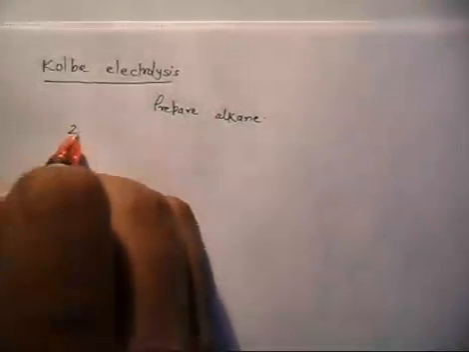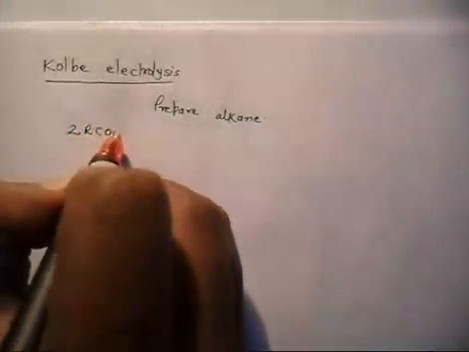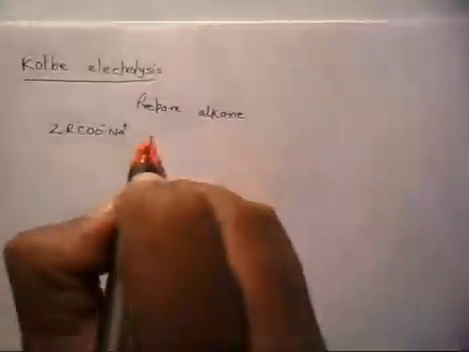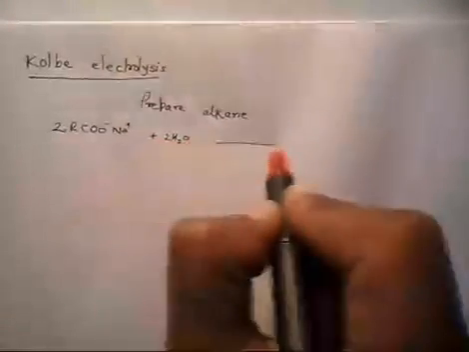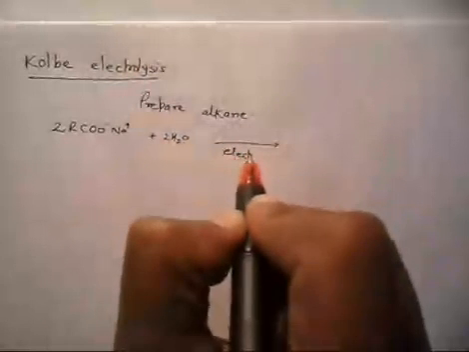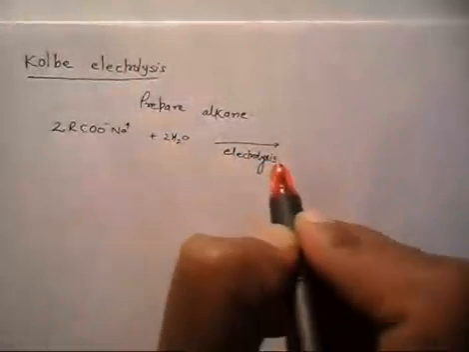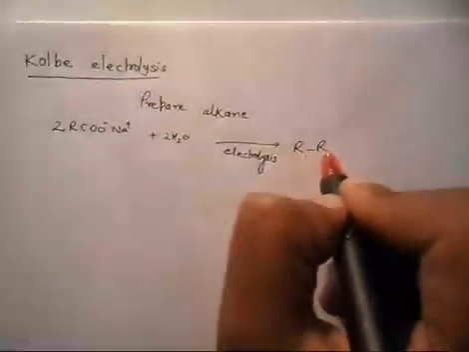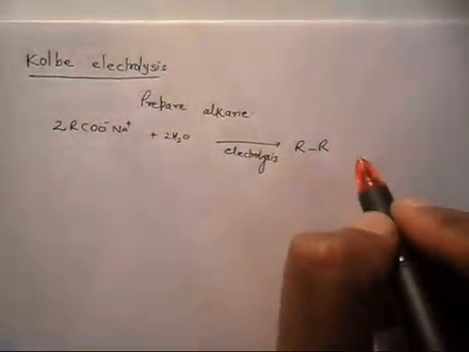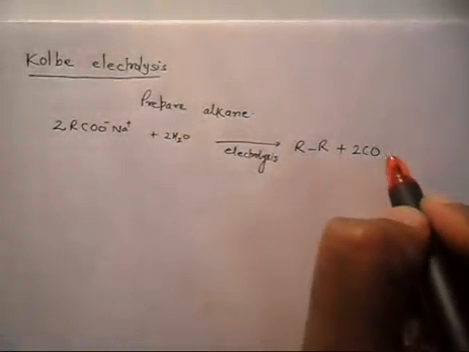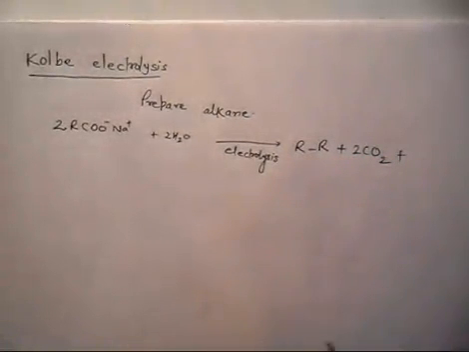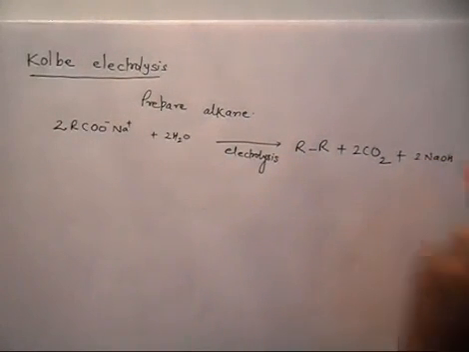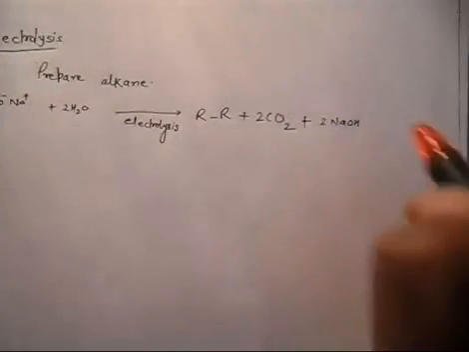Now the general reaction I can write: 2RCOO⁻Na⁺ with 2H2O. If I do electrolysis, I should be able to get R-R plus 2 molecules of CO2 plus 2 molecules of NaOH plus H2.